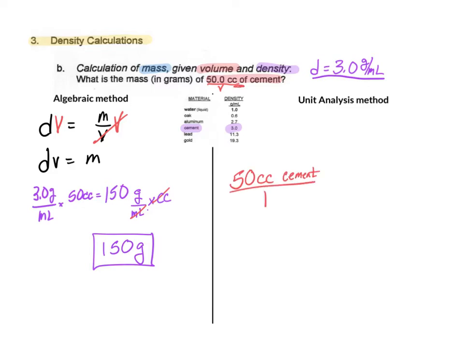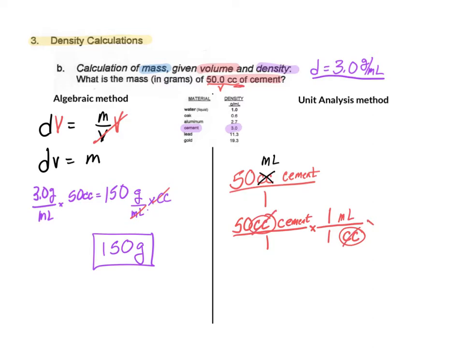Now our ratio doesn't go to cc's. So we're going to do another step, and we're going to either cancel this out right away and write it as 50 milliliters of cement, or we could just go ahead and do it as a multiple step unit analysis and say 50 cc's, and then what goes on the bottom will be cc, and we have 1 cc equals 1 milliliter. So now the cc's are canceled and we're left with milliliters.